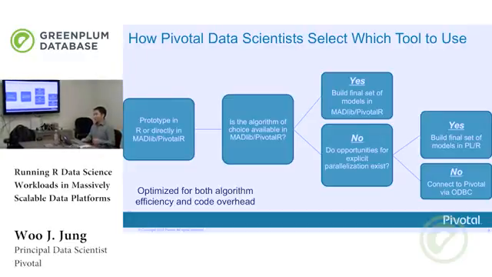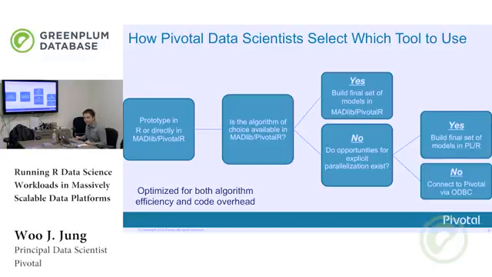And as we'll see later on in the session, we're going to be focusing on just one pathway of this tree. But to give you an overview, typically we like to prototype some data science model building in R, or maybe directly model in MADlib or Pivotal R, right?